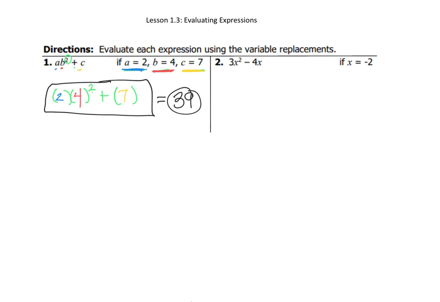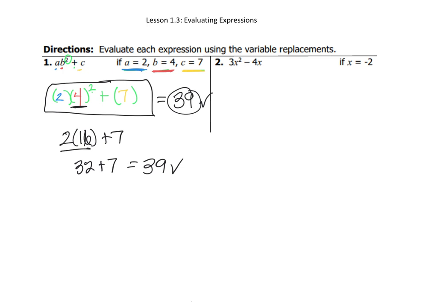If you're working order of operations, you should have done your exponents first, so you would have had 2 times 16 plus 7. Then we should multiply 2 times 16, which is 32, and add 7, which equals 39. So whether you're using your calculator or working it out by order of operations, you should get the same answer.